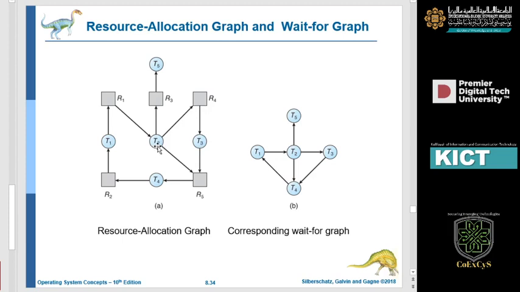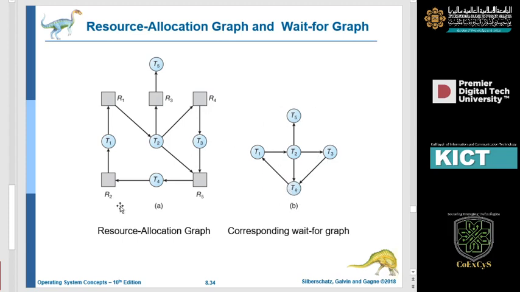T2 requests R3, R4, and R5, but these are being held by T5, T3, and T4. So we can see that T2 is actually waiting for T5, and T5, T3, and T4 in this case are holding those resources.